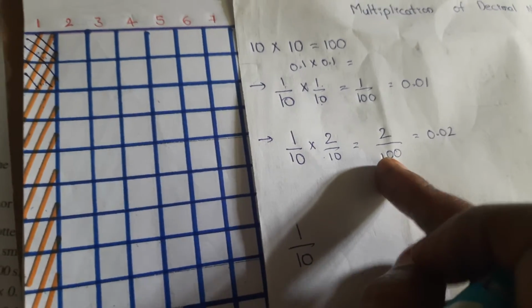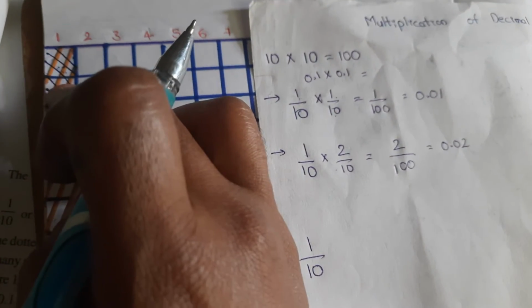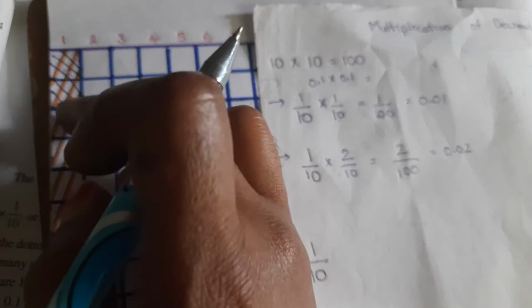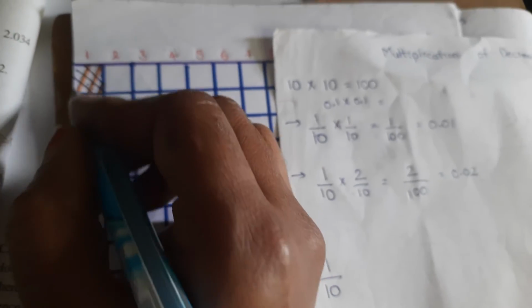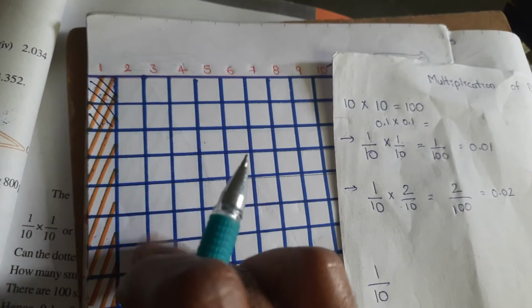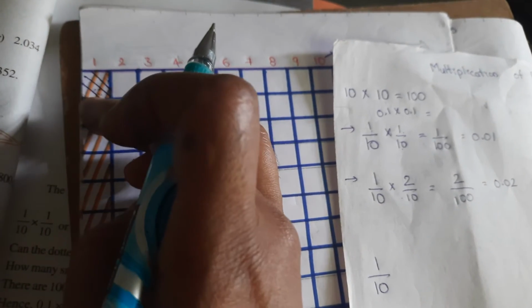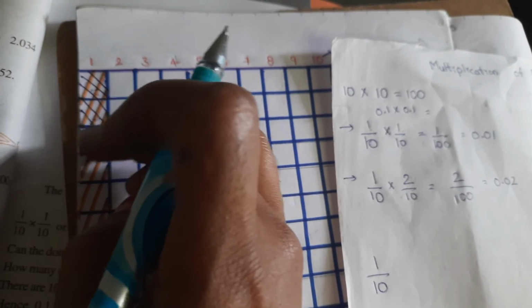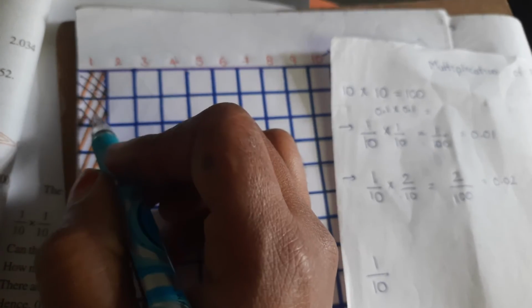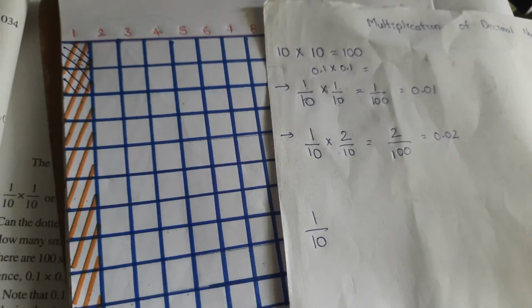This is the product of 1 by 10 into 2 by 10. Here this diagram represents the common area, out of 100 boxes we took only 2 boxes, so this portion represents the fraction 2 by 100.